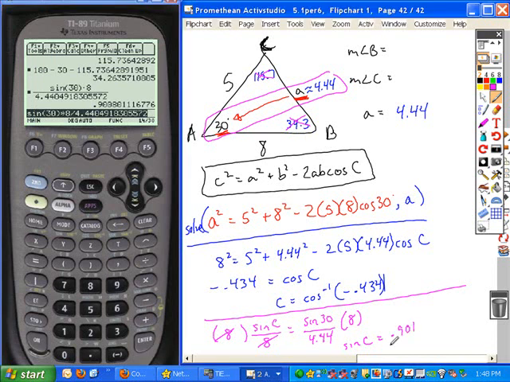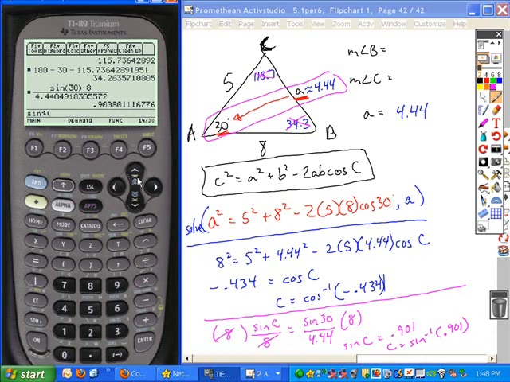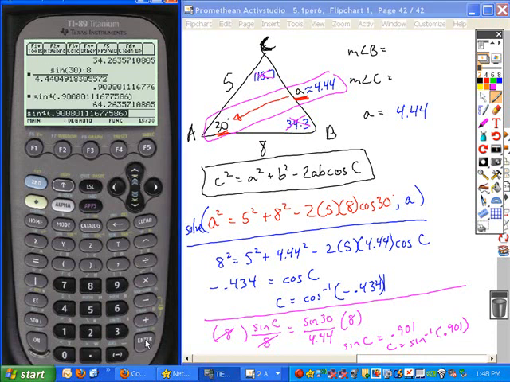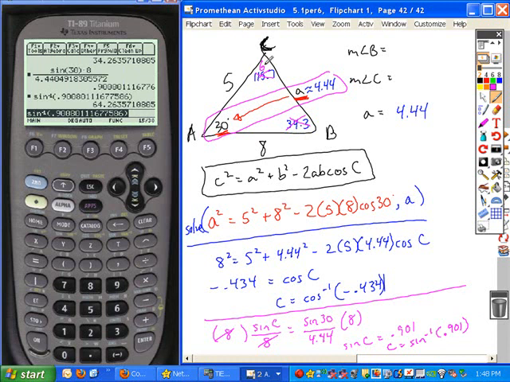0.901 approximately. Take the inverse sine of that. Okay, and if you do this process, you're going to come up with your 64.3. And now, if you looked at this problem here, 64.3, which means what's angle B going to equal?